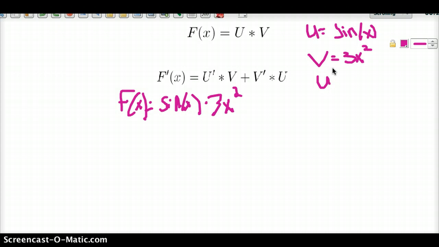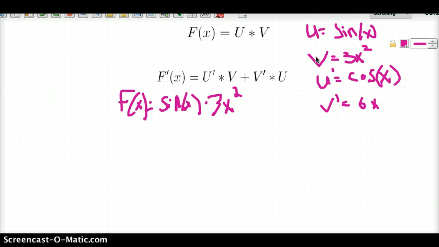The derivative of sine of x is cosine x. And the derivative of 3x squared, we'll just use the power rule, so 3 times 2 is 6, and that's the coefficient, x, and then you take the exponent and subtract 1. So it would just be 6x.